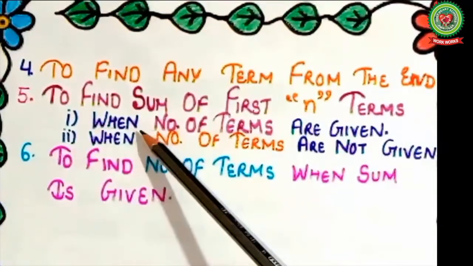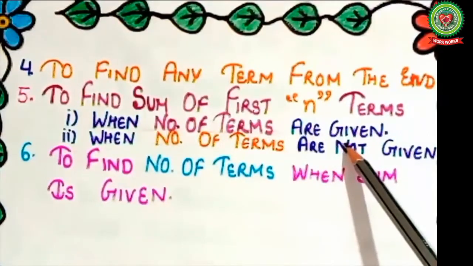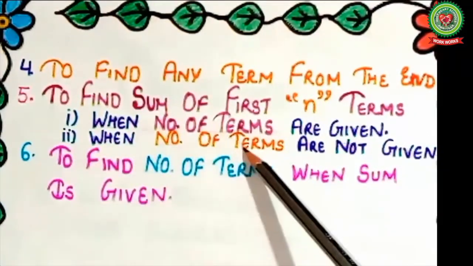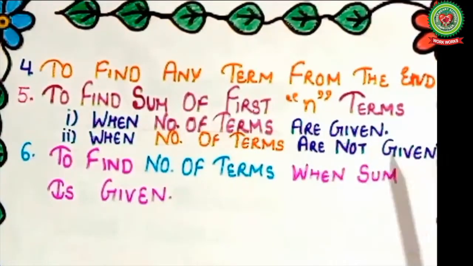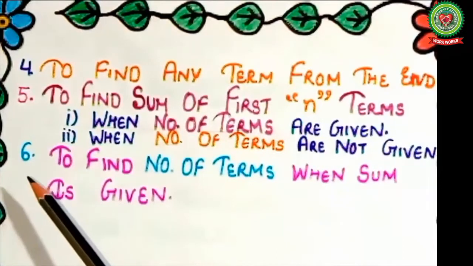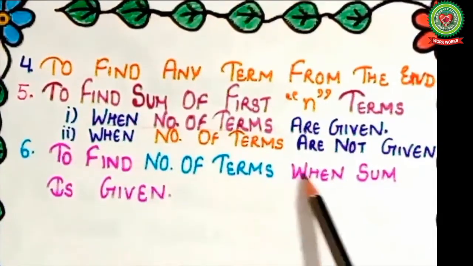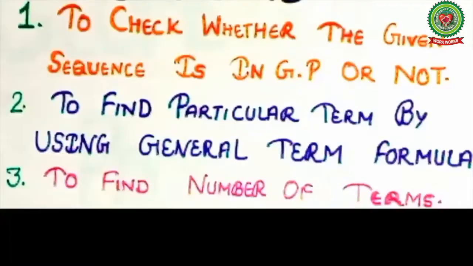First, when the number of terms is given, and second, when the number of terms is not given. And the last, sixth, is to find the number of terms when the sum is given.